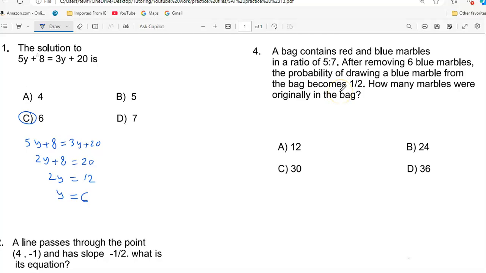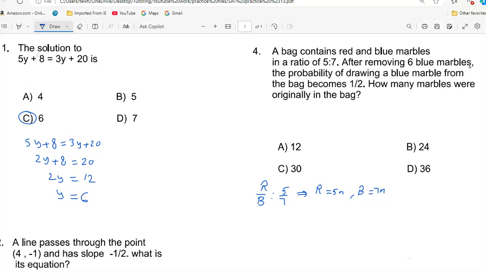How many marbles were originally in the bag? So the ratio between the red and the blue is 5 to 7. So we can say that the red is 5n and the blue will be 7n, right? n is a positive integer.